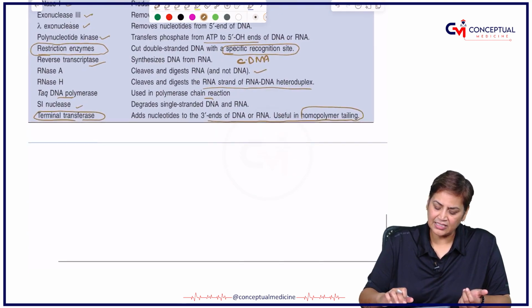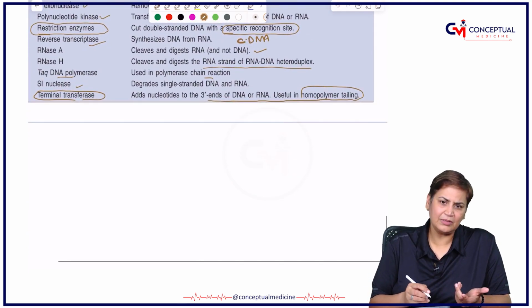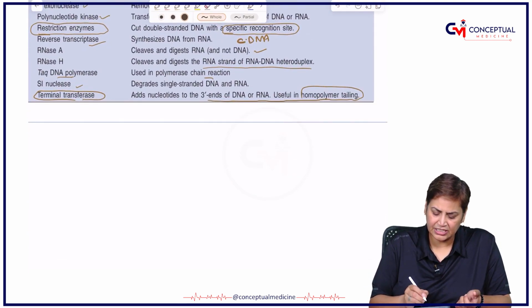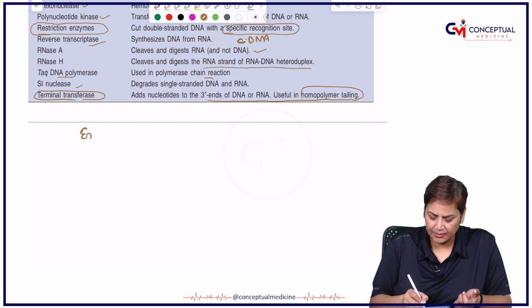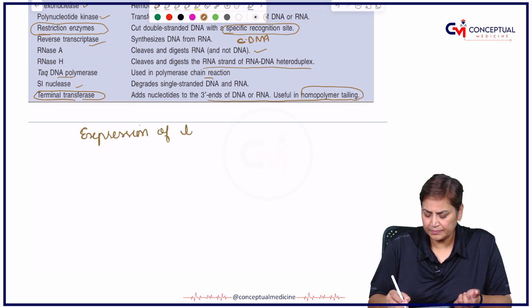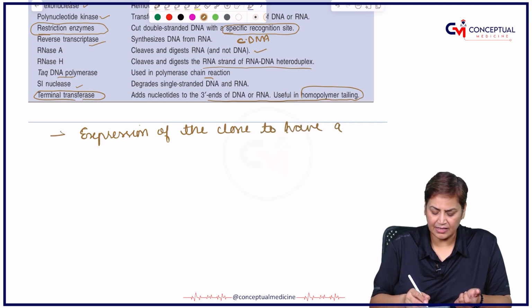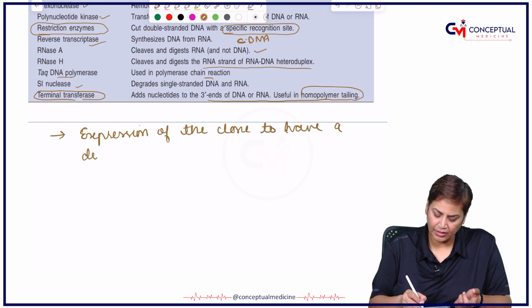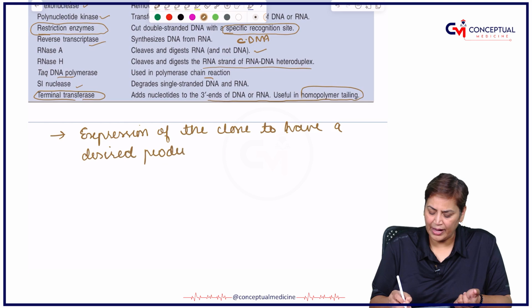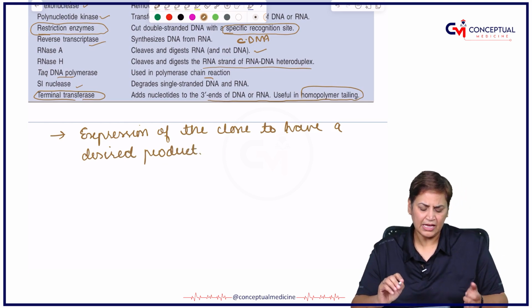And the last step, once selection is done, is expression of the clone, to have a desired result and a desired product, because isolation and all requires so much effort.